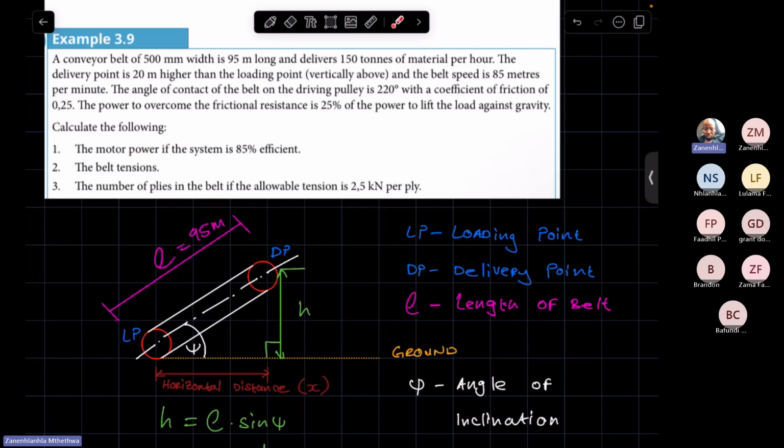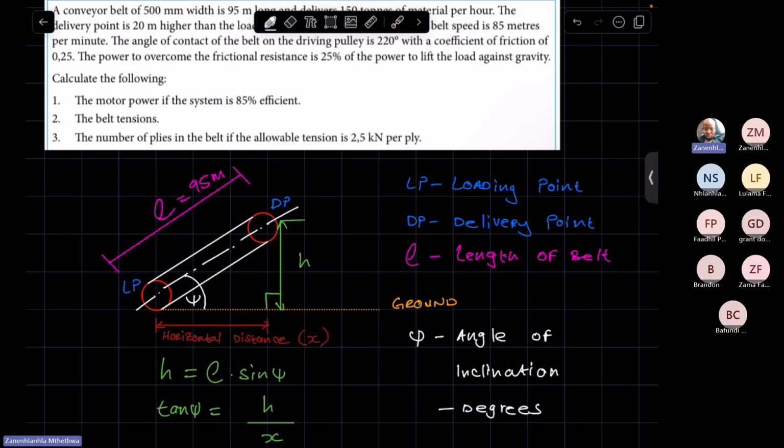Power out for belt drives is essentially the power being transmitted, right? So that is the power you get by using the effective tension times the speed of the belt, right?